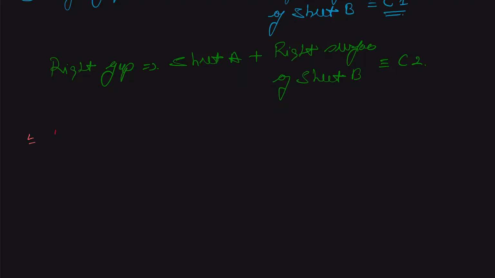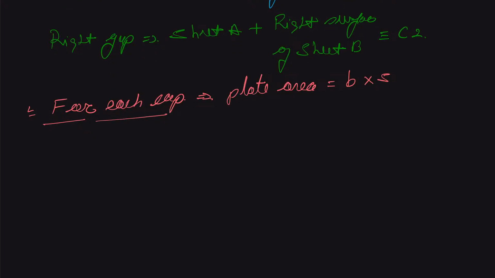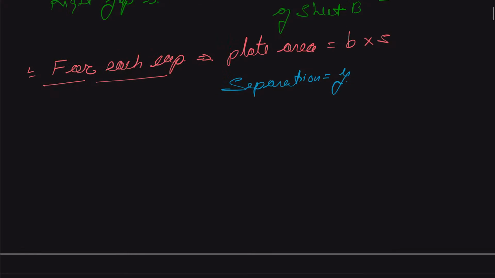Therefore for each capacitor, our plate area will be equal to B multiplied by S, and their separation is Y. Therefore, let's calculate the value of C1.